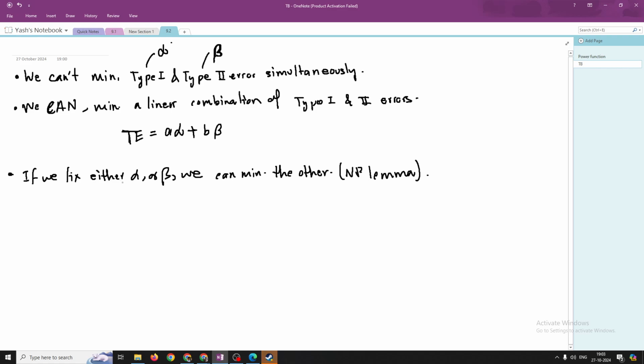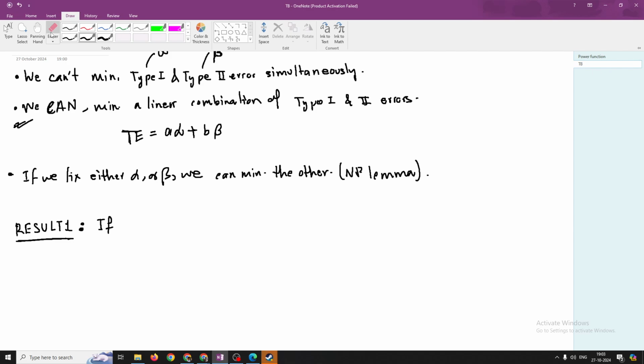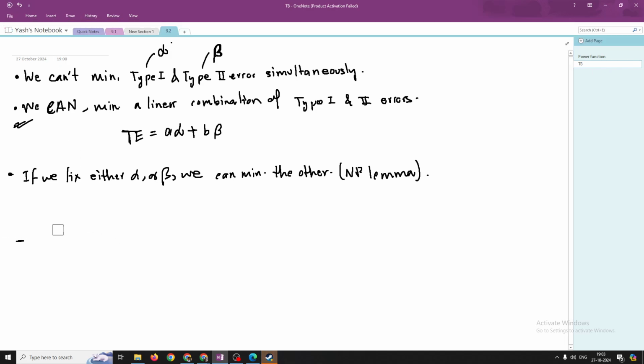So result 1 says, if you want to minimize a linear combination of these two errors, what should you do?